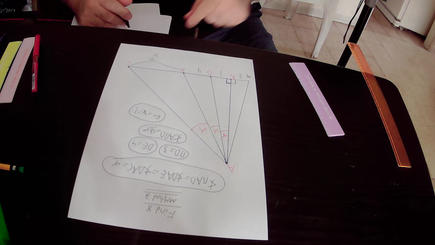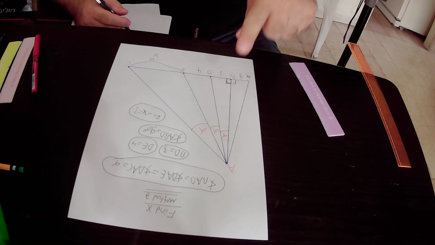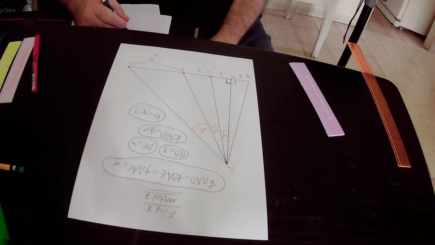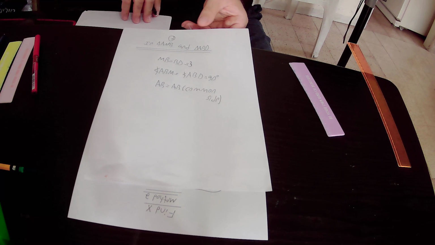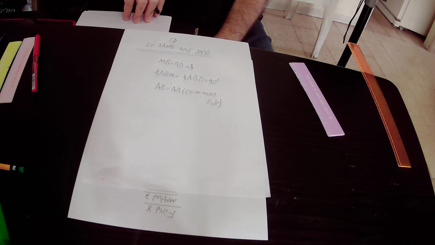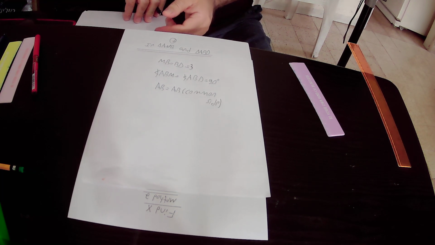And side AB is a common side. It belongs to both triangles, so AB equals AB.